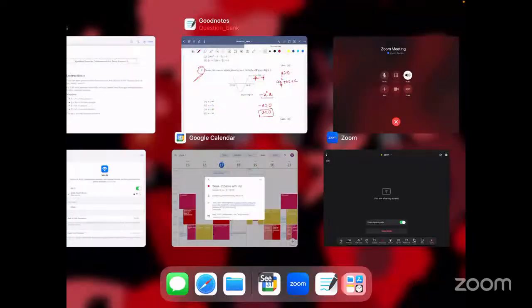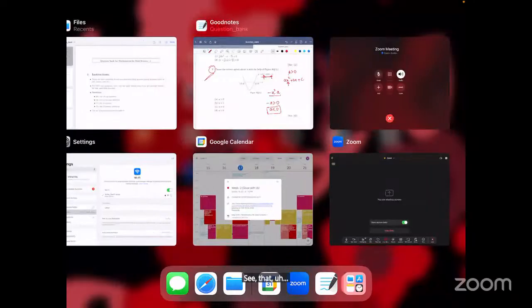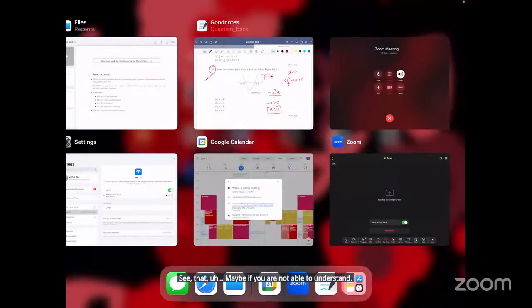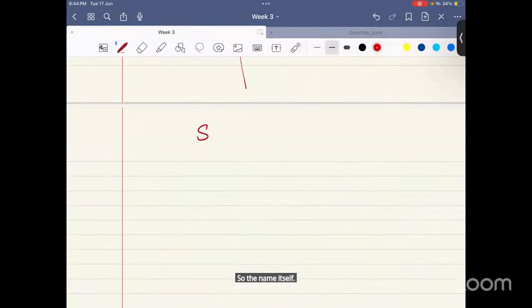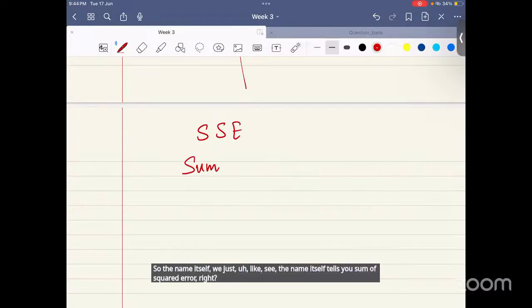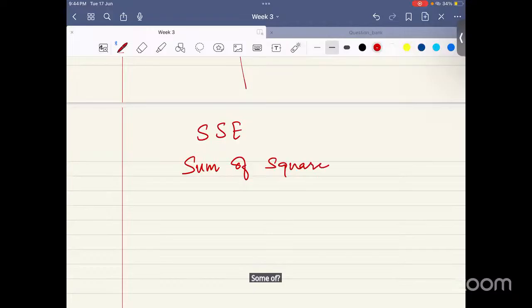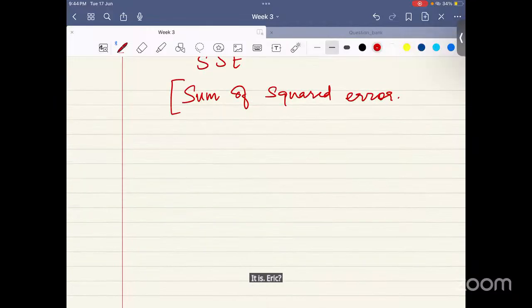Maybe if you are not able to understand altogether, but that is not a difficult topic. The name itself tells you: sum of squared error, correct?